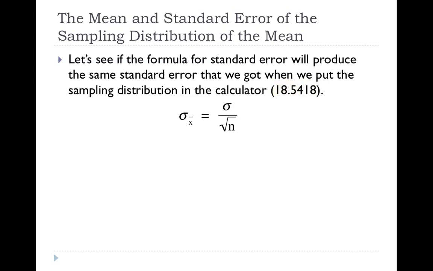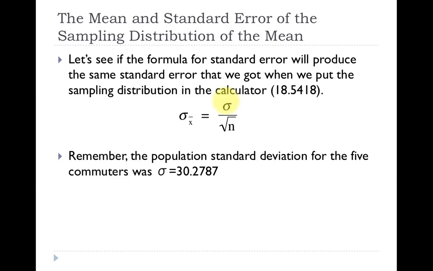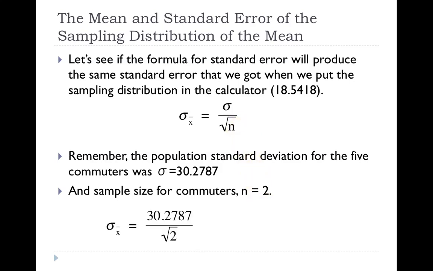From before, we calculated the population standard deviation of those 5 data values, those 5 commuters, to be 30.2787. The sample size that was used to create the sampling distribution is 2. So n is 2.